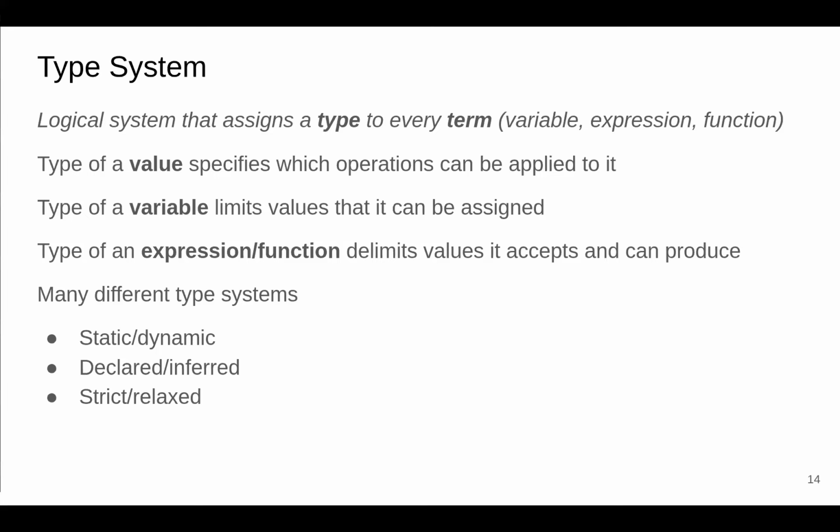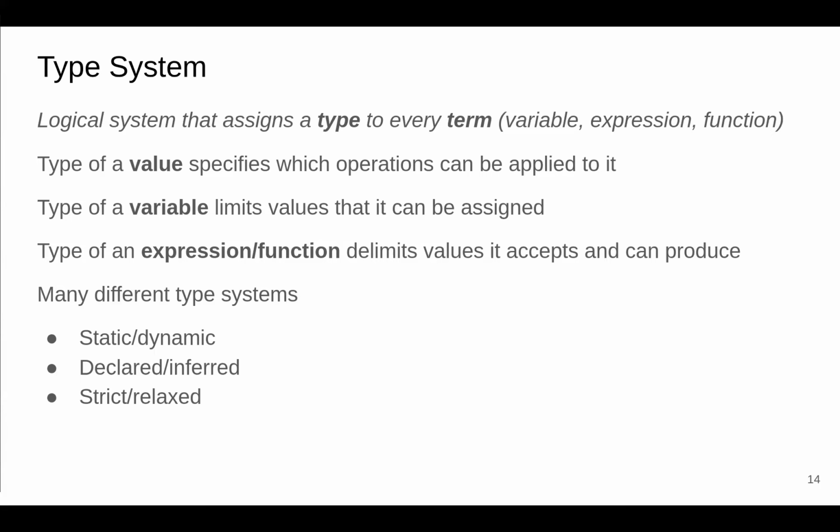And there are many different type systems that exist today. There's static typing, dynamic typing, declared typing, inferred, or strict and relaxed. These are 3 different dimensions of type systems. So a type system can be, you always pick one of each dimension. It can be static, declared, relaxed, or it can be dynamic, inferred, relaxed.